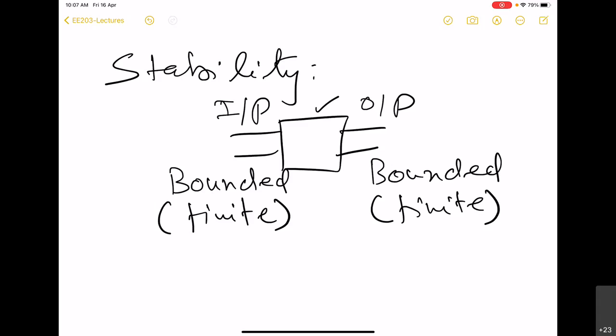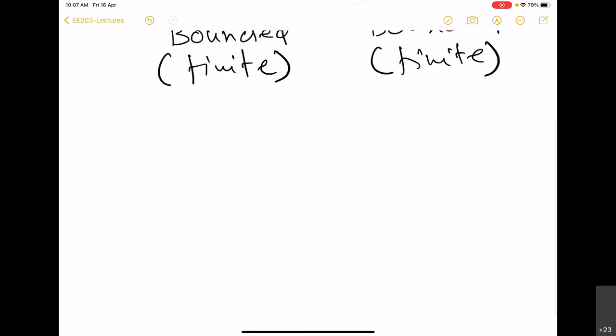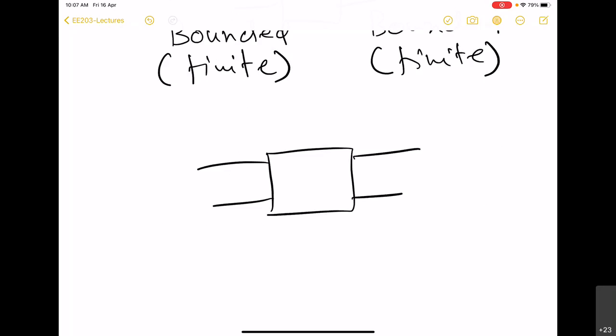Now if we take a more specific scenario, we have an amplifier and we are giving a step input. The value suddenly changes from this lower value to a high value, and then maybe it remains there like this.